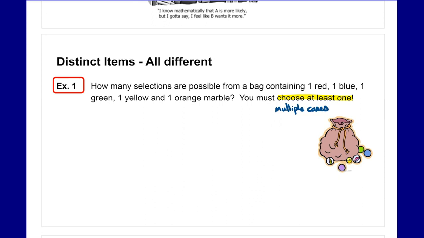So it comes down to reading the scenario and understanding what it's asking. We have to choose at least one.